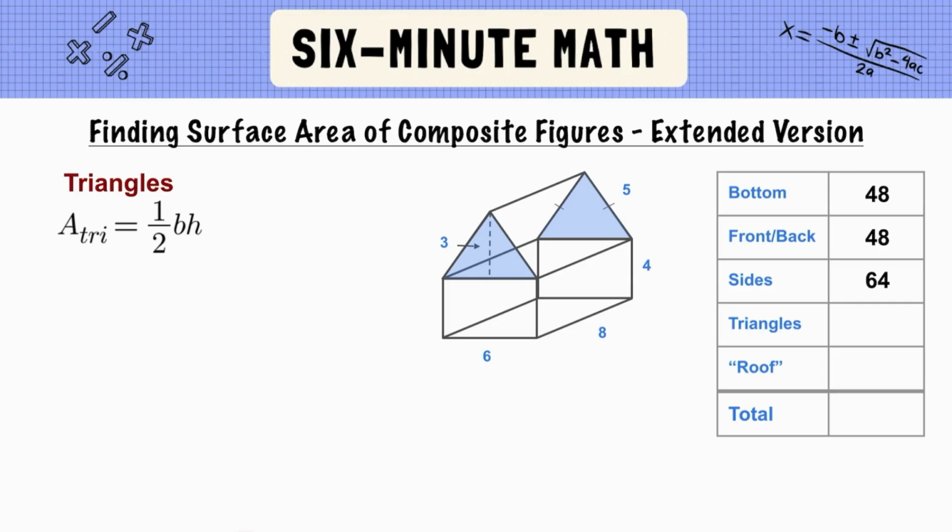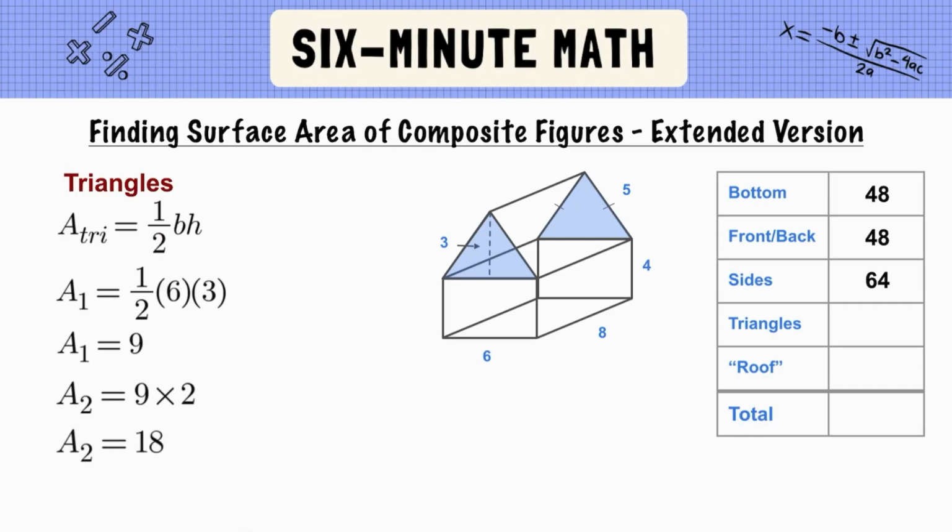We have 1/2 base times height. So one of those triangles is 1/2 times 3 times 6. 3 is the height of my triangle, and then the base of my triangle is that base of the house, which is 6. One of those triangles is 9. 9 times 2 is 18.